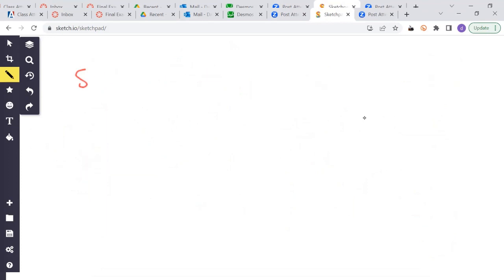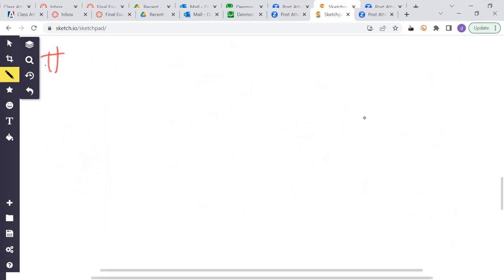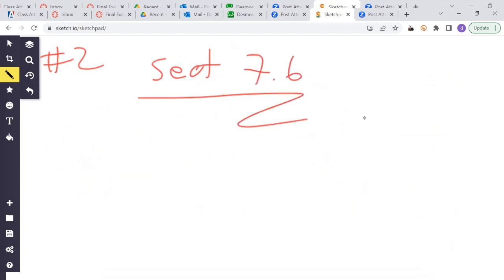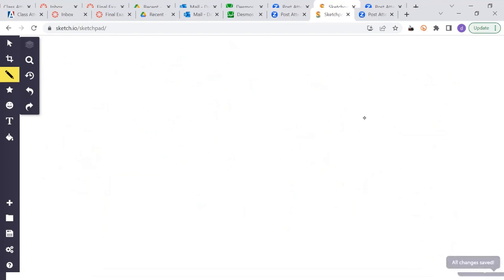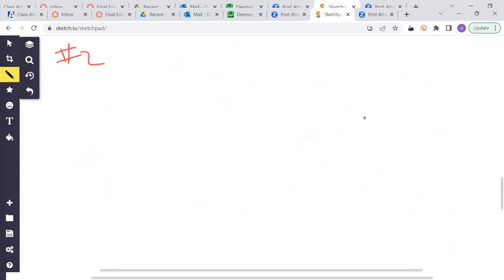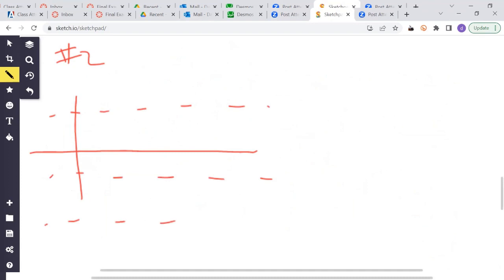Okay, now number two. For problem two, we look at section 7.6 in the textbook. So that's where it is for reference. We want the equation. Now for number two, if you look at the graph, it begins there, and it goes like that, and it goes like this.